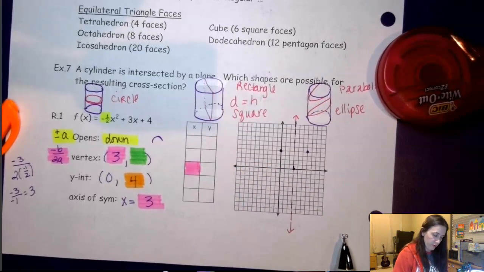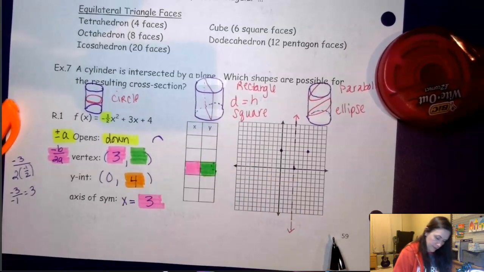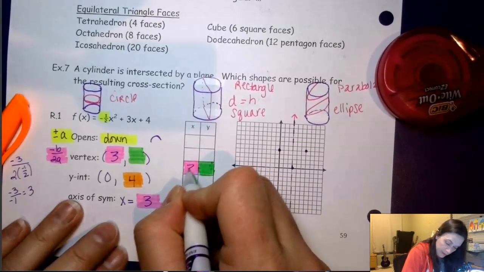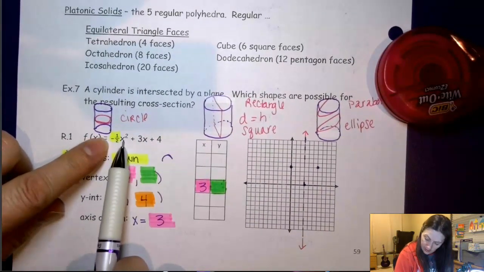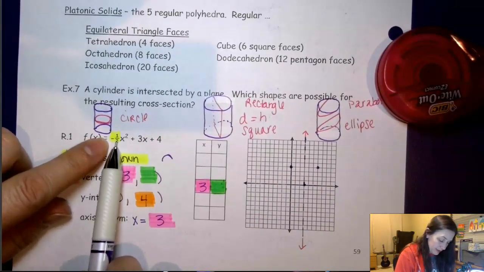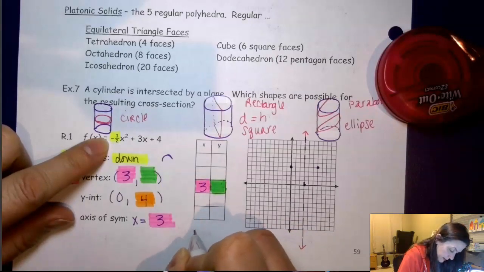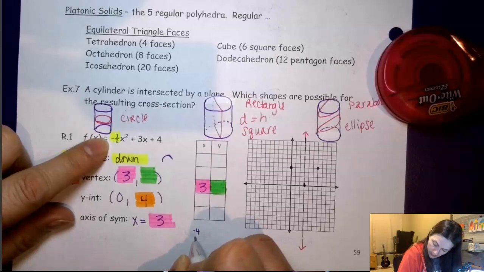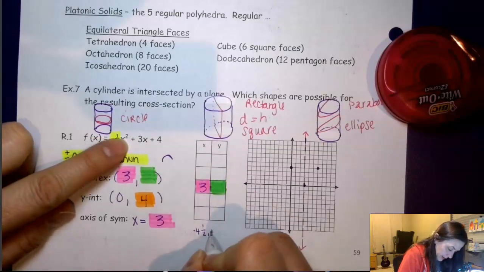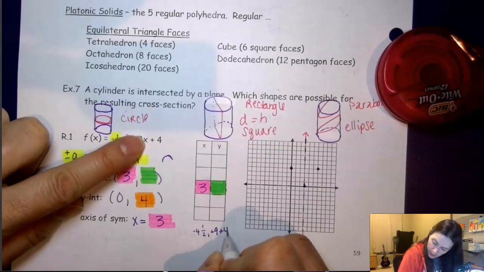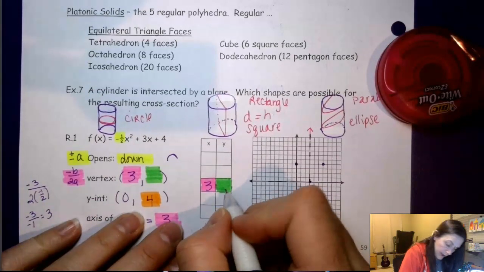I am going to figure out what my y-coordinate is. My vertex is 3, so I can go ahead and plug this in. 3 squared is 9, divided by 2, this is ugly, I mean, negative 4.5. Then 3 plus 3, I get 9, plus 4, I end up getting 8.5 here.